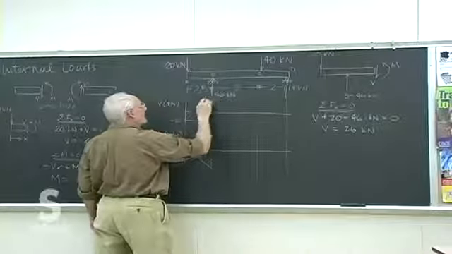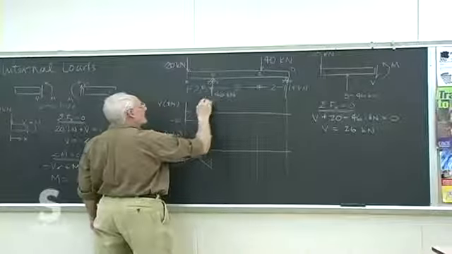Remember, replace this distributed load with an equivalent point load at its, excuse me, at its geometric center. It's a centroid of area. Remember, the magnitude of this is the area under the load curve, so it's 3 kips per foot times 8 feet. So that's an equivalent of 24 kips.